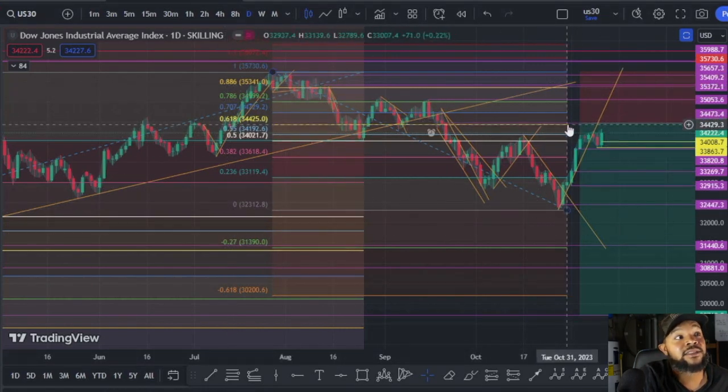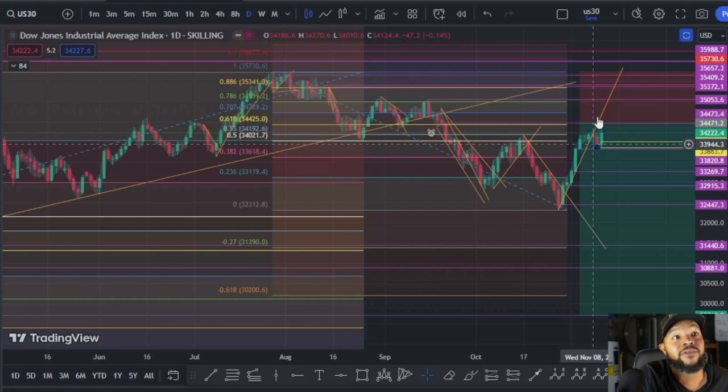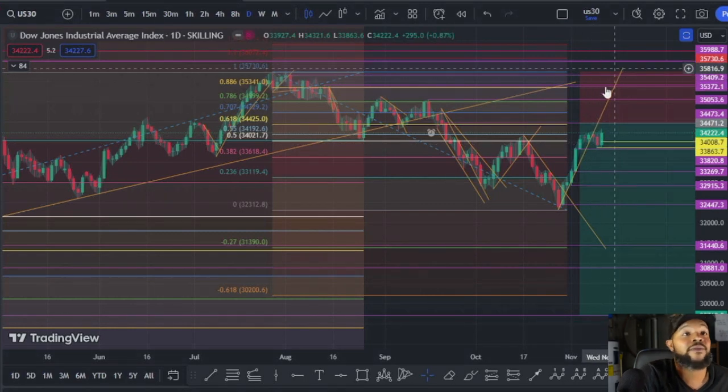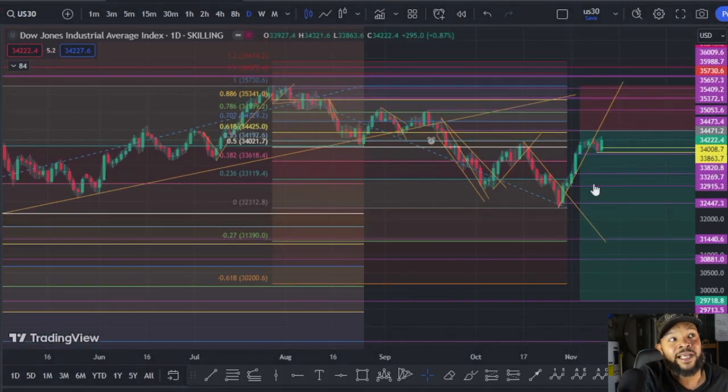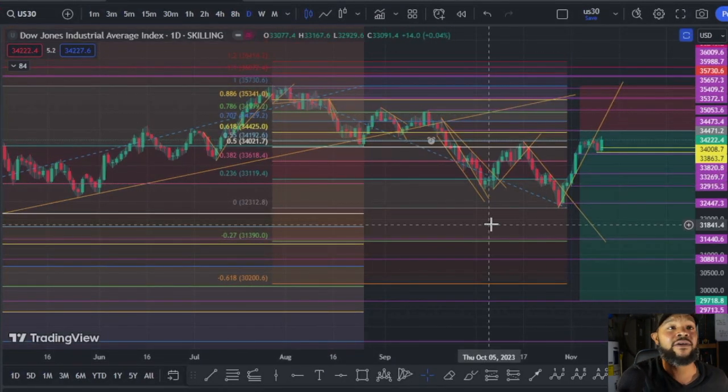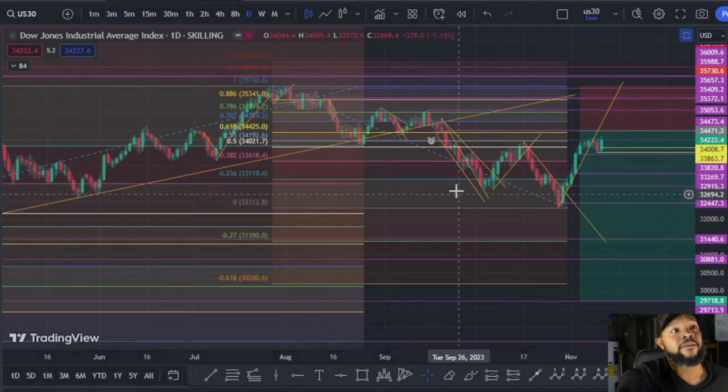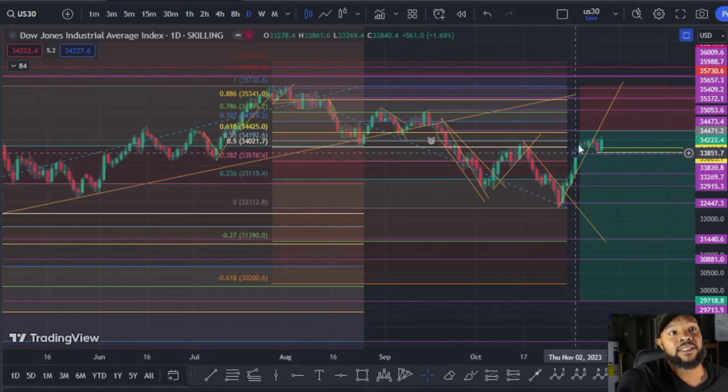Come back, hit this 61% retracement. It may hit this liquidity zone, it might hit this one, it might liquidate all these zones. But if it breaks this high, that invalidates my thesis for this whole fib level. And like I said, I'm on a daily chart.